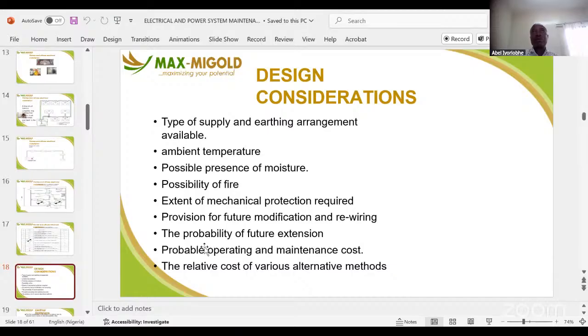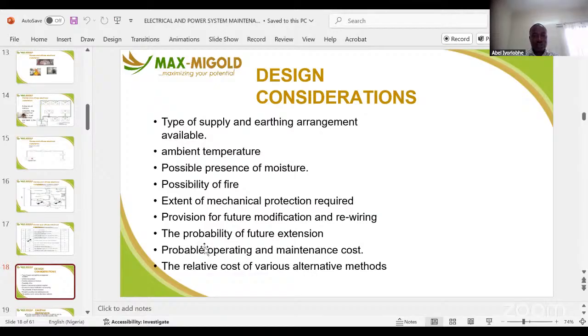In some places you have dust, in other places you have heat. In the far north you have heat. The generator that will operate here in Lagos cannot be operated in the far north, Maiduguri. So is it a basic generator or a soundproof generator? Is it close to fire, a petrol station, fuel station, or thereabouts? Those are the things you consider.